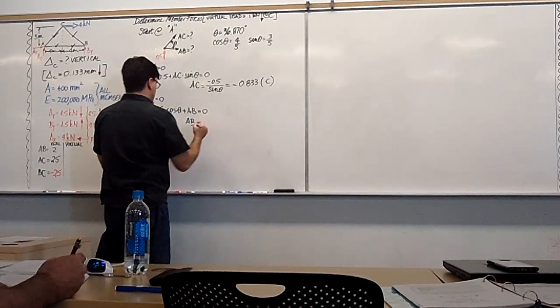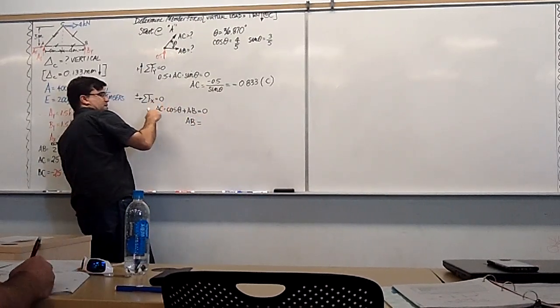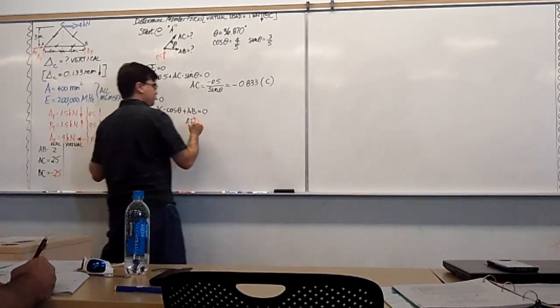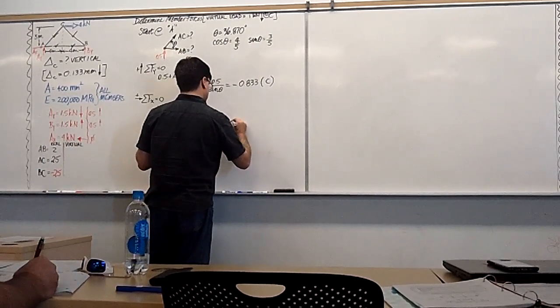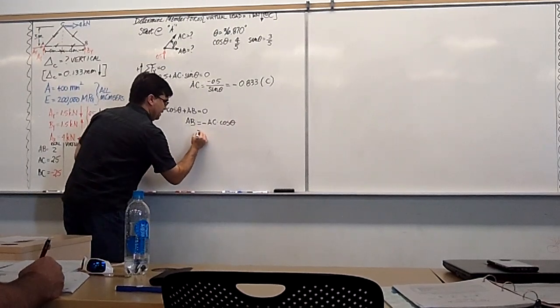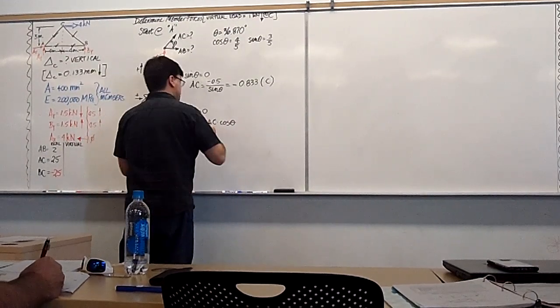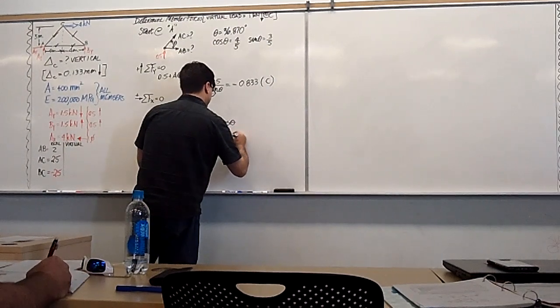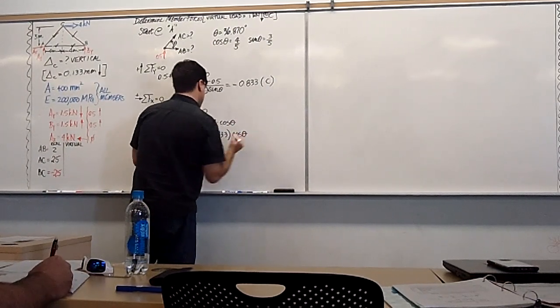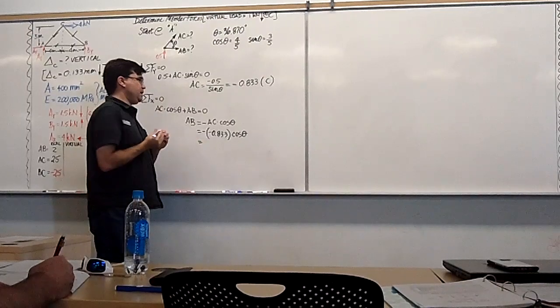Solving, AB is equal to this negative. I'm just going to put it explicitly like this. So what do you get for AB, please?